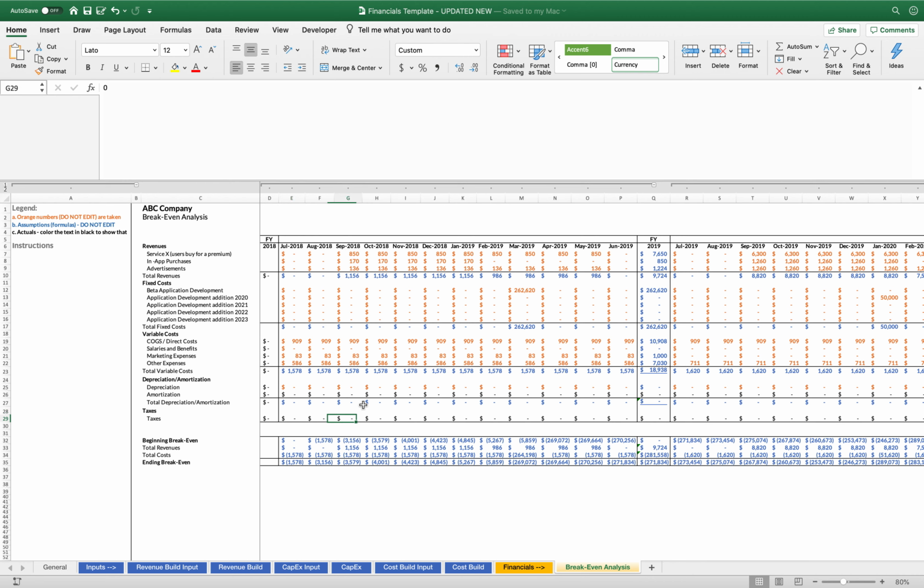And then taxes, I left blank. I don't have a tab for taxes. For startups, though, you don't pay taxes until you become profitable. If your costs are exceeding your revenues, and you're not making any sort of profits, then you're not going to be taxed for that.